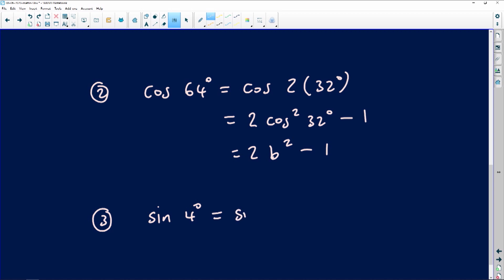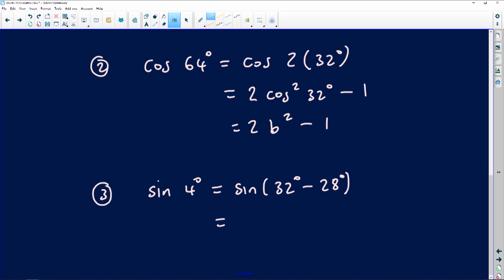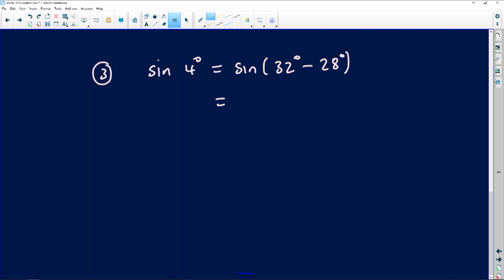So I'm going to write this as the sine of 32 degrees minus 28 degrees, right? Now I'm dealing with what we call compound angles. The expansion of sine something minus something else always amounts to the sine of the first angle times the cosine of the second angle, minus, keeping the minus as it is, the cosine of the first angle times the sine of the second angle. This is available in your information sheet.